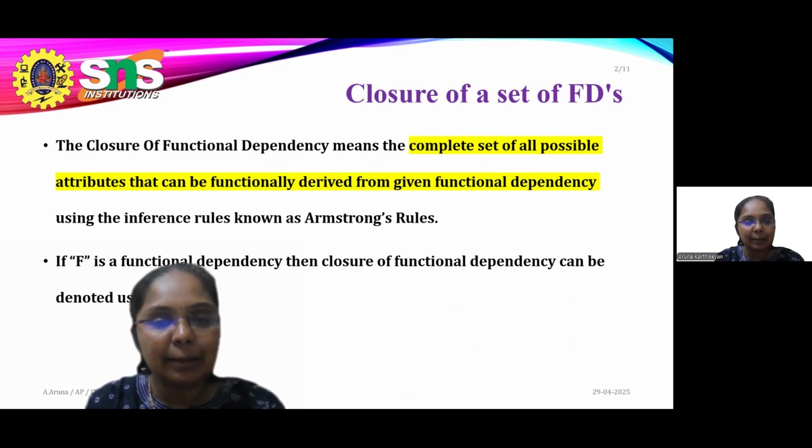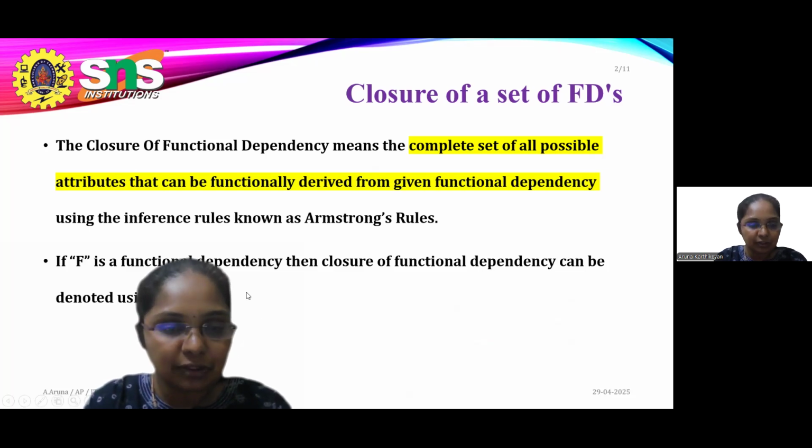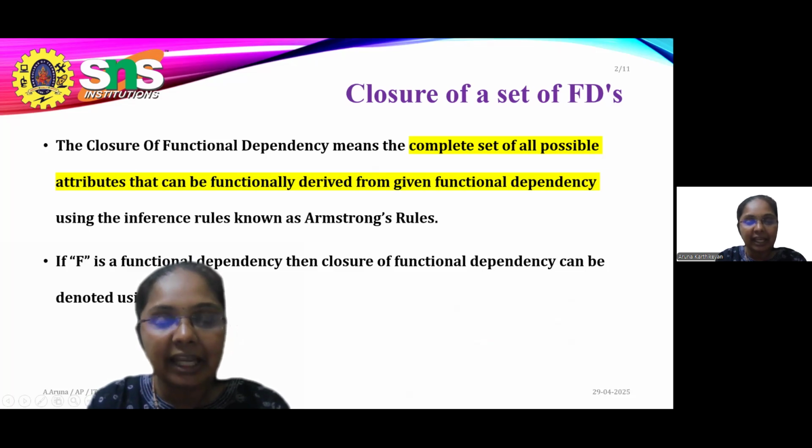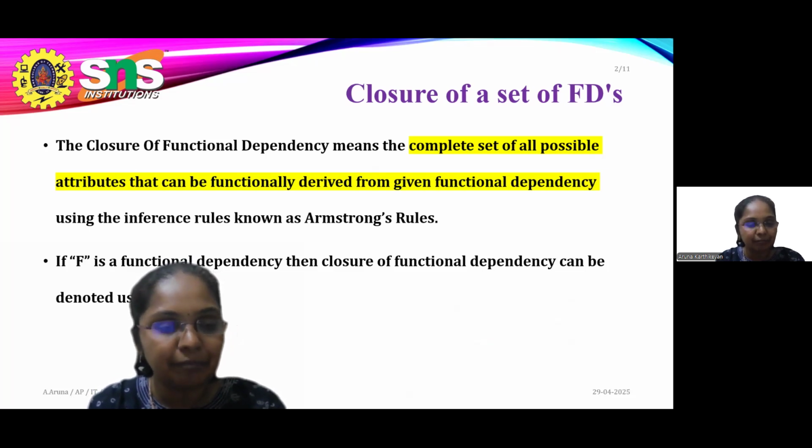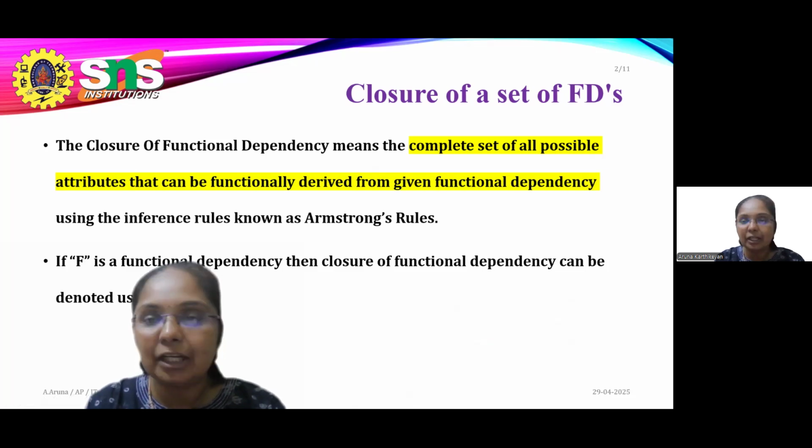It is denoted by the plus symbol, so it shows like this: F plus. F is my functional dependency, and the closure for this functional dependency is F plus. If by using this, I am able to identify all the attributes present in my particular relation derived with the help of this functional dependency, then it can be called the closure set of this functional dependency.